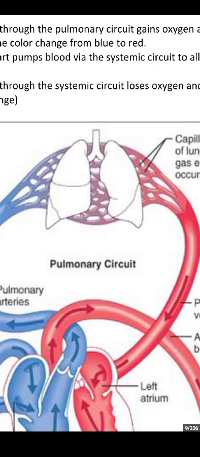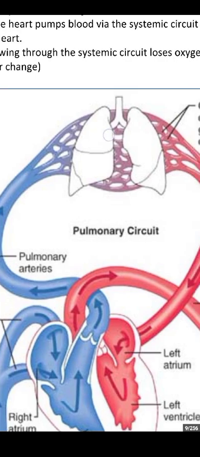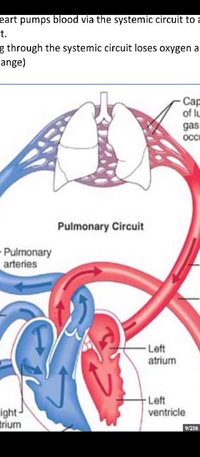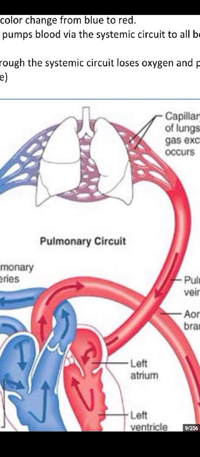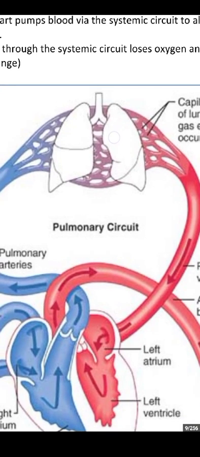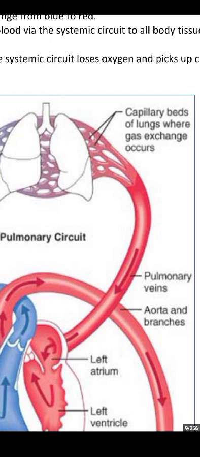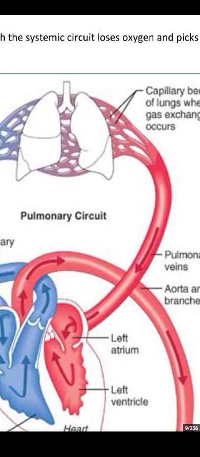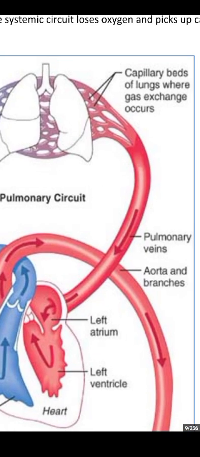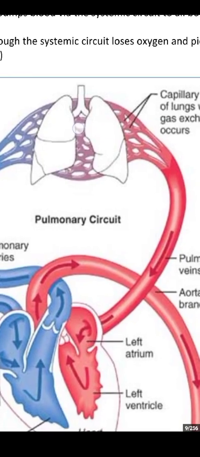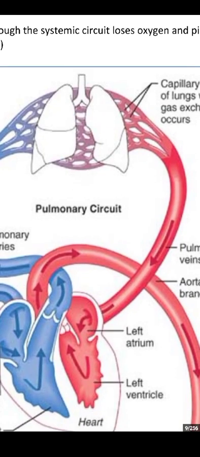Carbon dioxide is excreted as waste and oxygen is absorbed, and by this the purification of blood occurs in the lungs. In the pulmonary circuit, the capillary beds of the lungs are where gas exchange occurs. From the capillaries inside the lungs, the blood goes to the pulmonary veins.